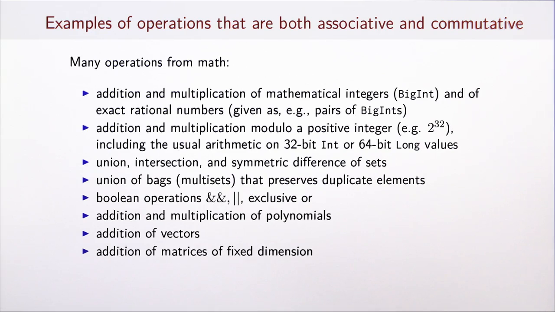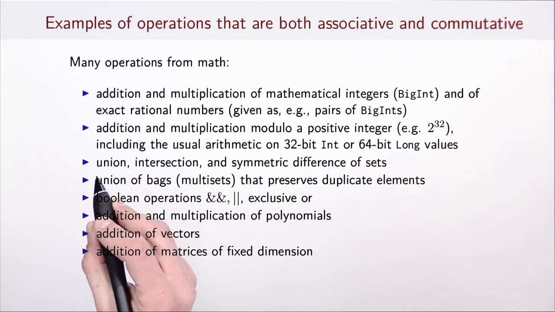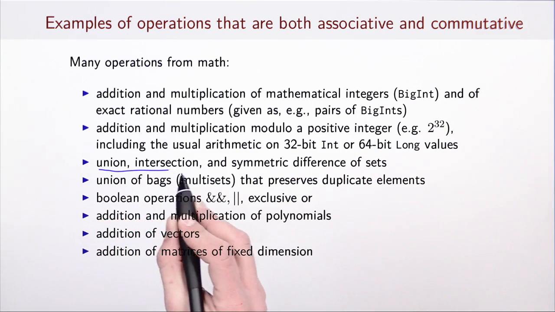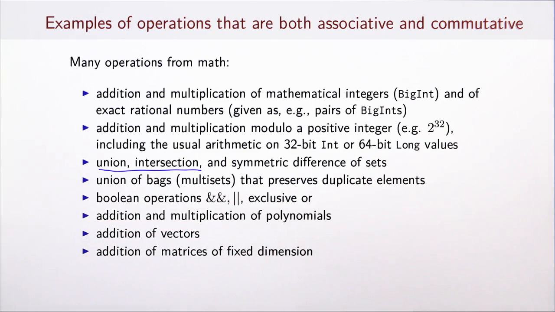Moreover, if we perform addition and multiplication modulo some positive integer, such as 2 to the 32, and this includes the usual arithmetic operations on int and long data types in Scala, then we also obtain operations that are both associative and commutative.